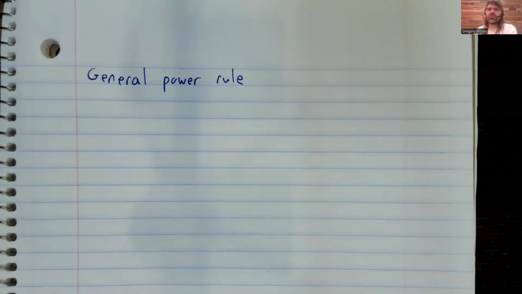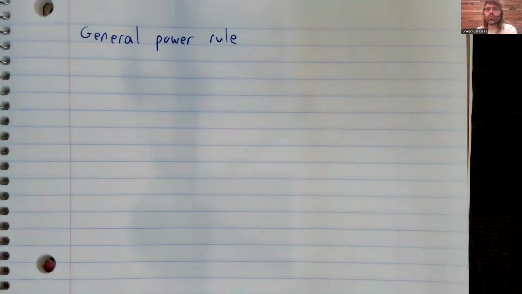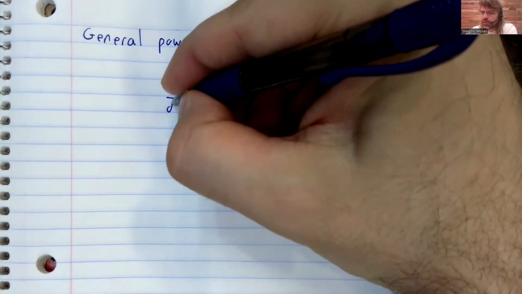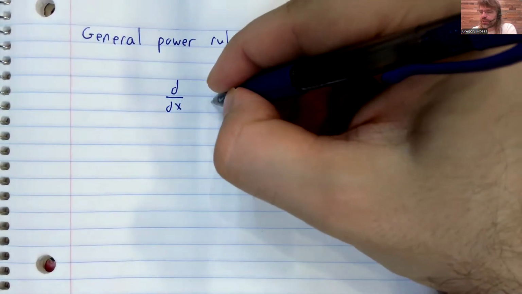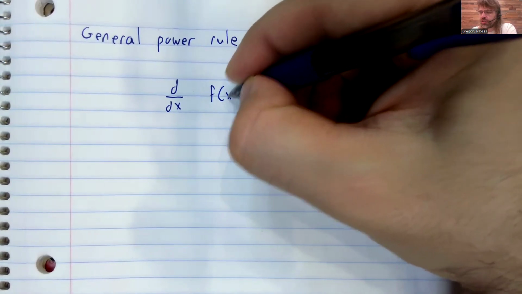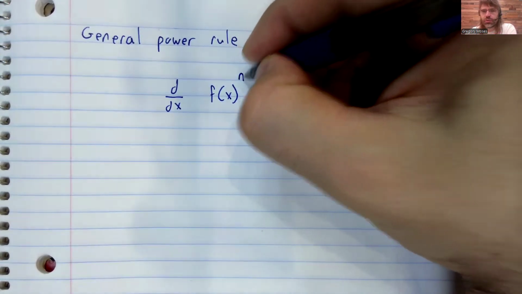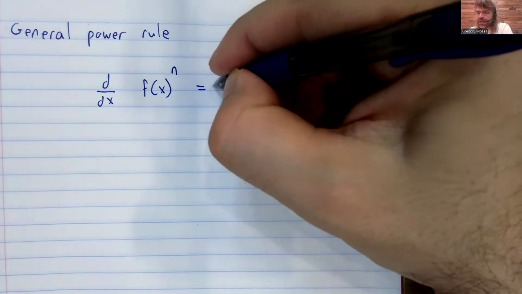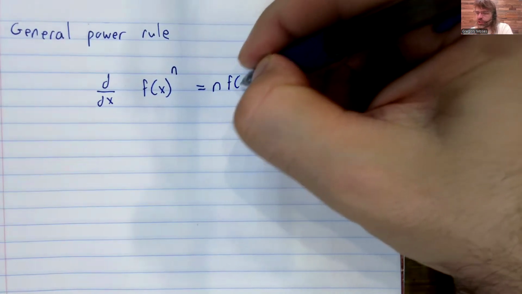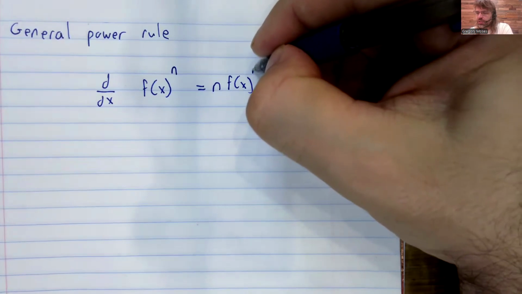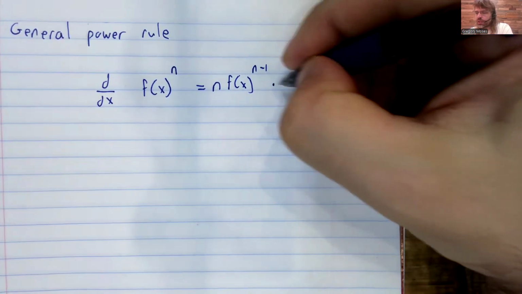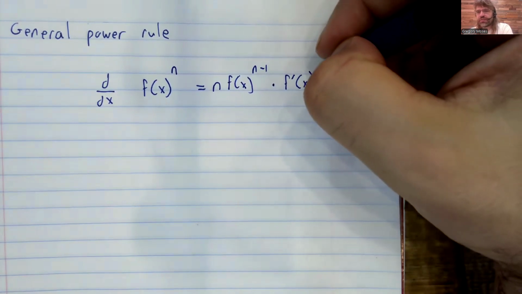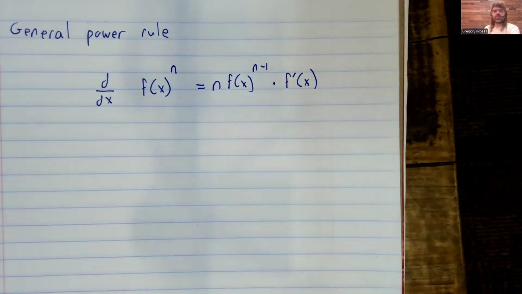The textbook calls it something like the general power rule. And it says that if you've got the derivative of a function raised to a power, it's the power times the function to the power minus 1 multiplied by the derivative of the function.